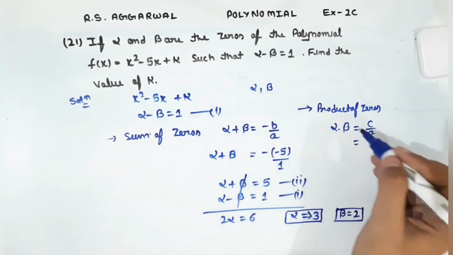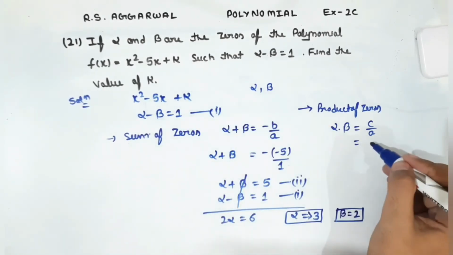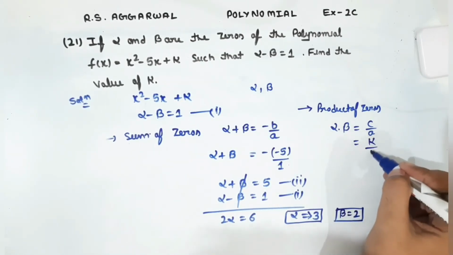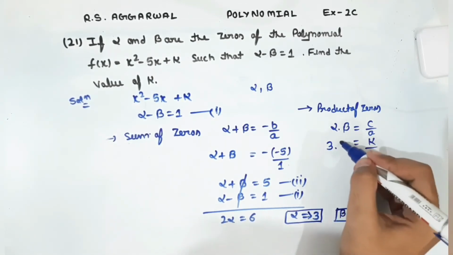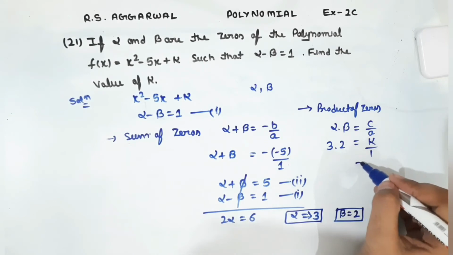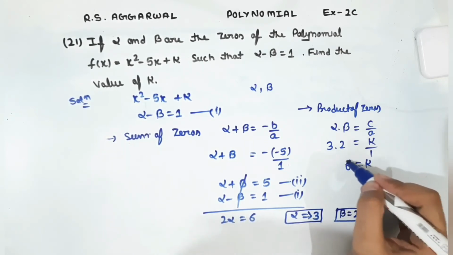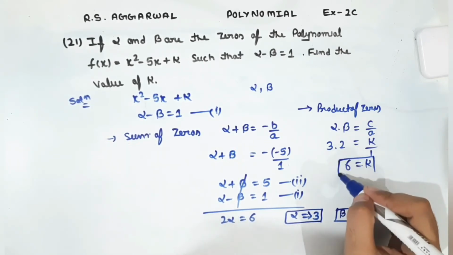So here c, that is constant term, that is k, and a is 1, and alpha is 3 and beta is 2. So from here k will be equals to 6. This is our answer.